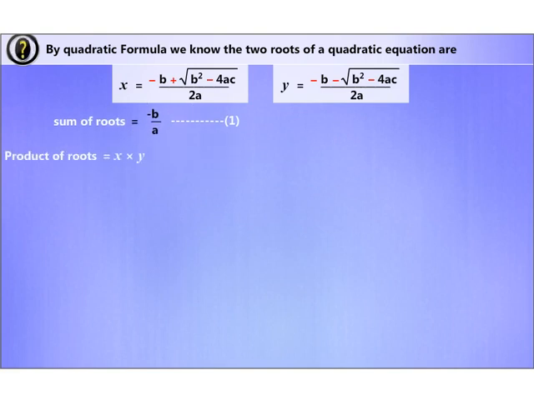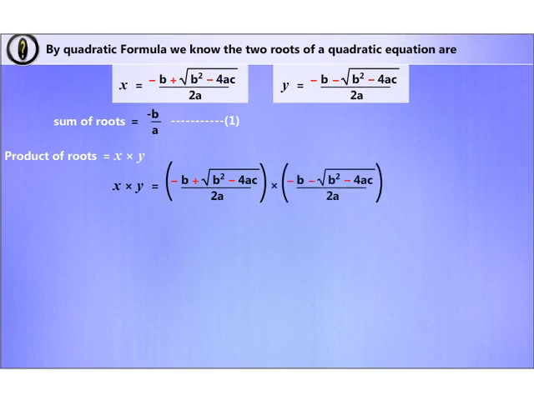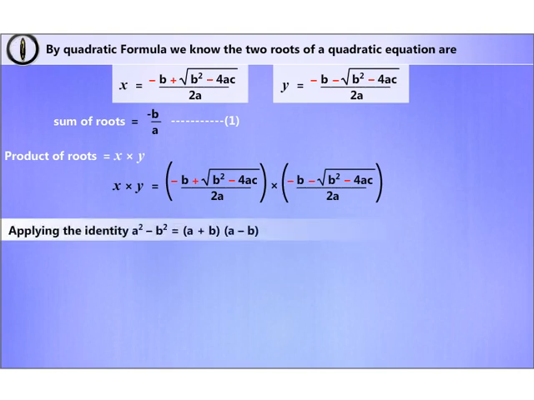Similarly, the product of roots is (-b + √(b² - 4ac))/2a into (-b - √(b² - 4ac))/2a. Applying the identity a² - b² = (a + b)(a - b), and simplifying, we get (-b/2a)² - (√(b² - 4ac)/2a)².